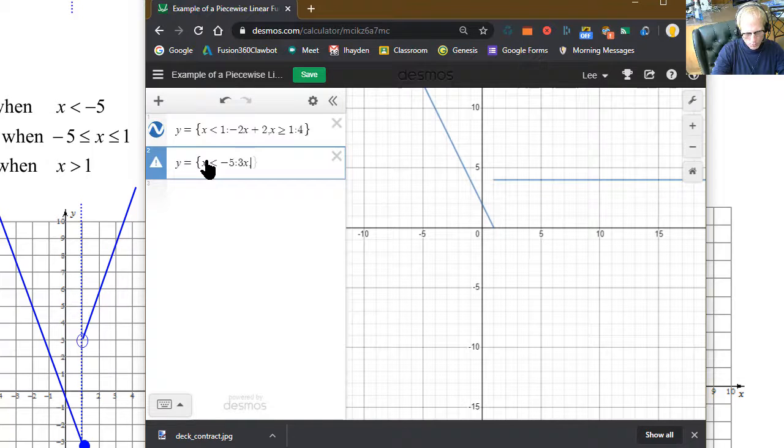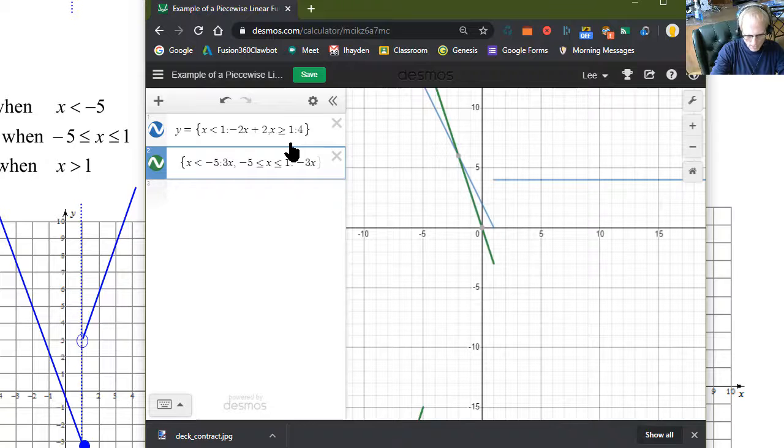All right, then I put a comma, and then now for x being in between negative 5 and 1, I put negative 5 less than or equal to x, then less than or equal to 1, then I put a colon, and then my equation, negative 3x.